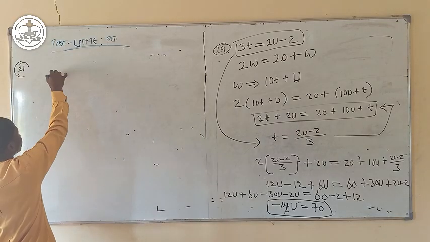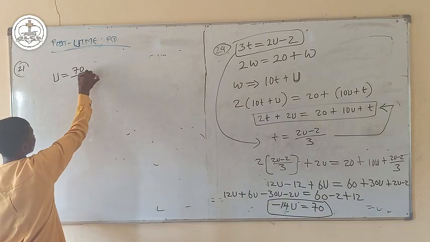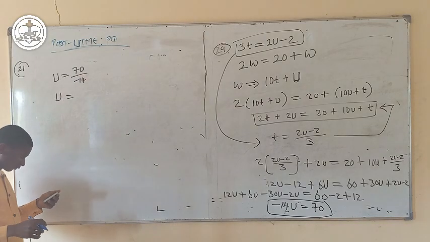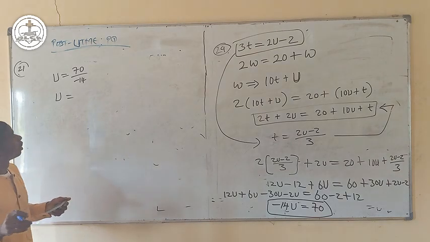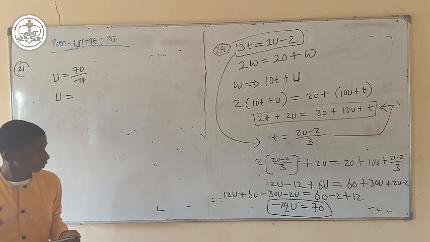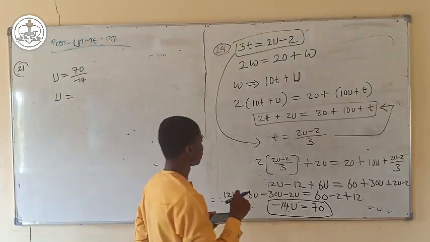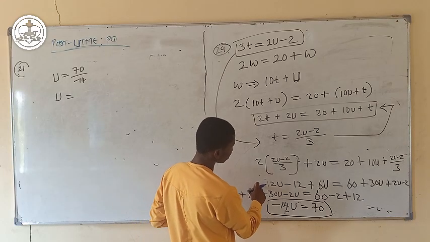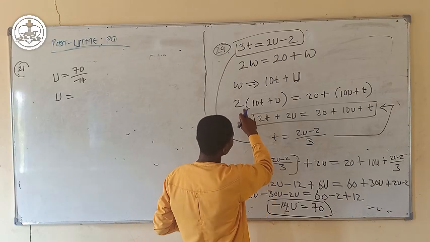Our u will be 70 divided by minus 14. Sorry, let's check this out if we did not make a mistake with signs.